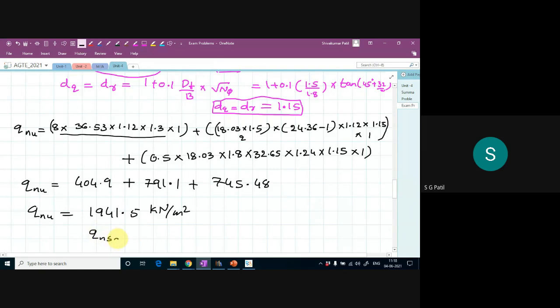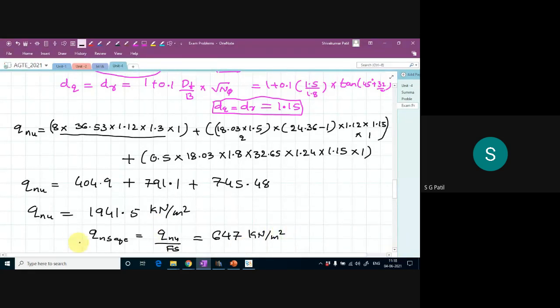Q net safe is equal to Q net ultimate divided by factor of safety. I think 647 kilonewton per meter square I will get.